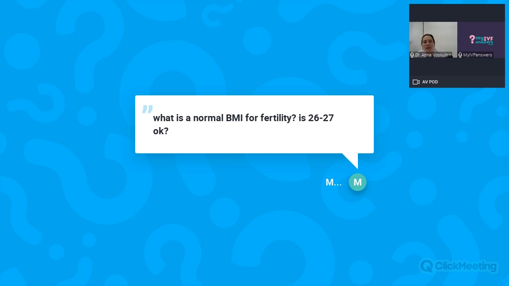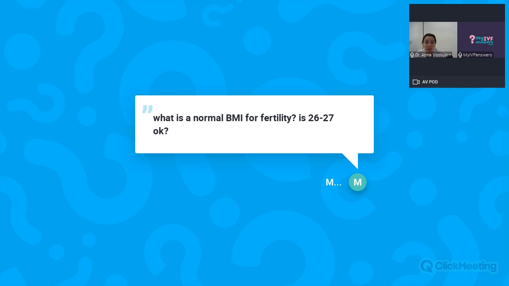After 25, there's a little bit of overweight, but it has not been demonstrated that it can have an impact. What we do know is that less than 18 could have an impact, and more than 30 could have an impact. Actually the best thing would be having 25 maximum, but with 26, 27, there's no conclusive evidence that this can have an impact.